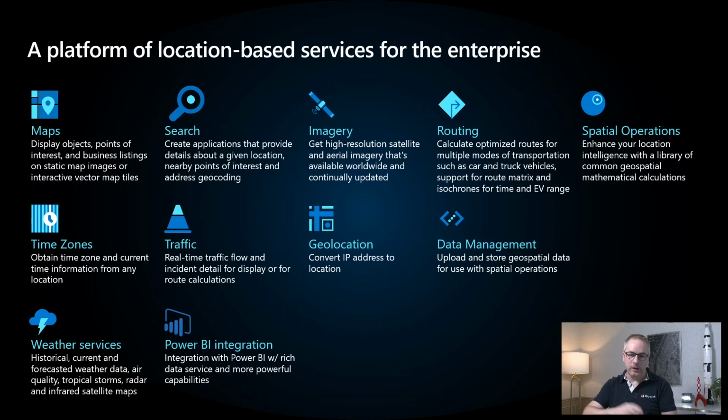We do routing, not only for cars and trucks, but you can do it also for other vehicles. And we also support isochrones functionality. So for example, if you want to have a central point and want to know what the distance in time is, in 10 minutes or maybe 15 minutes, then it is not a circle around that point, but basically a polygon, because the time is the same everywhere, but the distance can be different depending on the road and how complex things are.